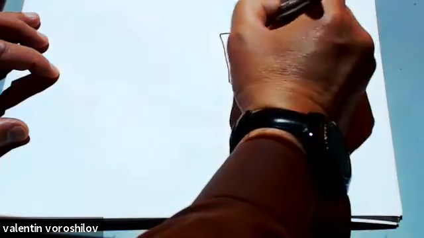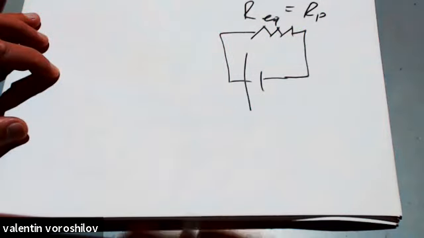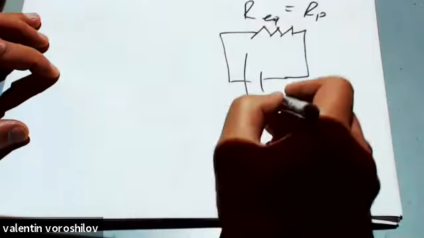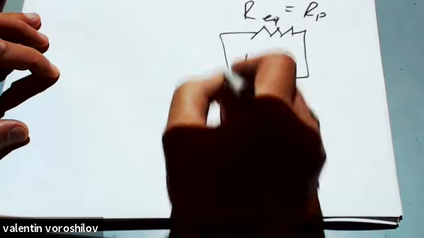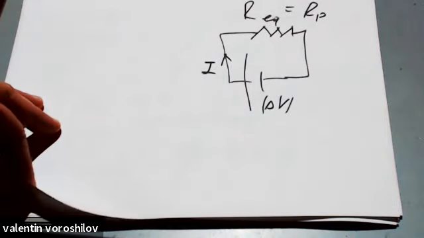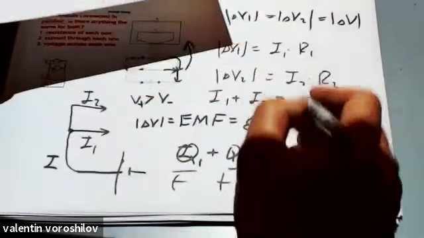But that resistor should have a new resistance, equivalent or parallel. What does equivalent mean? That means right now, if I connect it to the same battery, I should observe the same current. The same current where? Well, of course, through the battery. This current through the battery should be the same, big I.